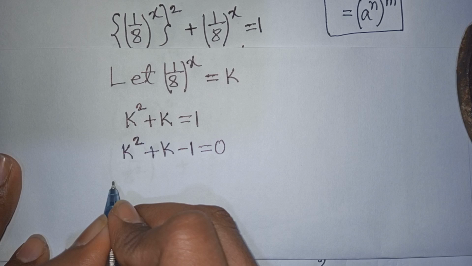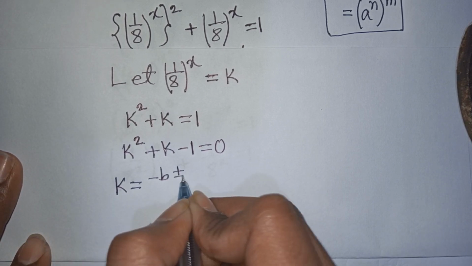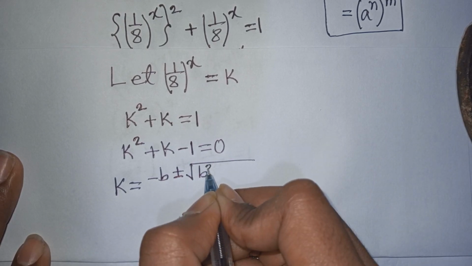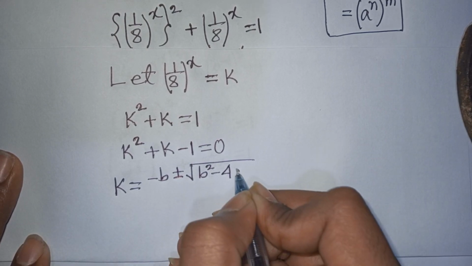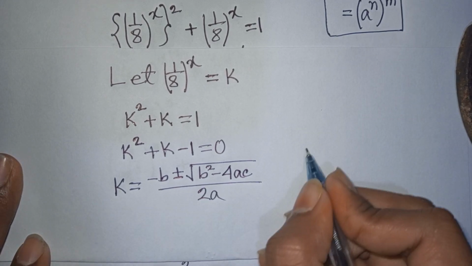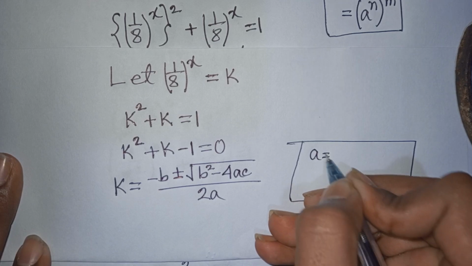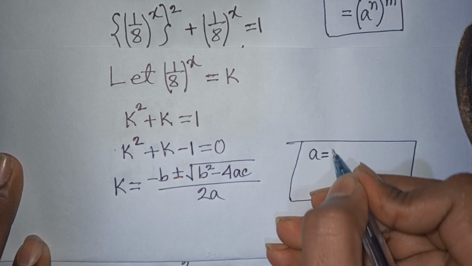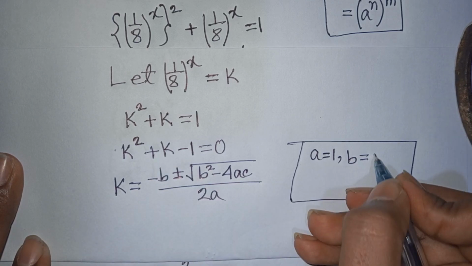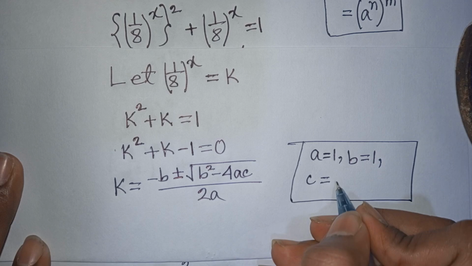Now here you can apply the quadratic formula. You can write here k is equal to minus b plus or minus a square root of b square minus 4ac, divided by 2a. Here a will be equal to 1, b will be equal to 1, and c will be equal to minus 1.